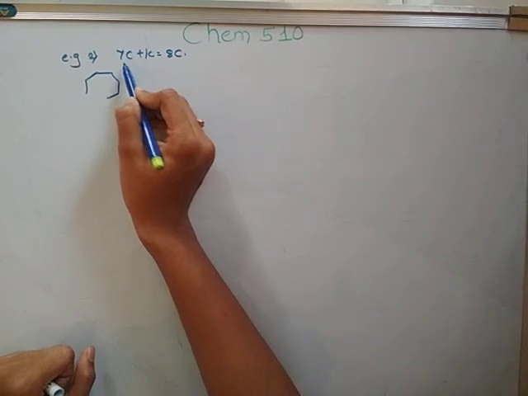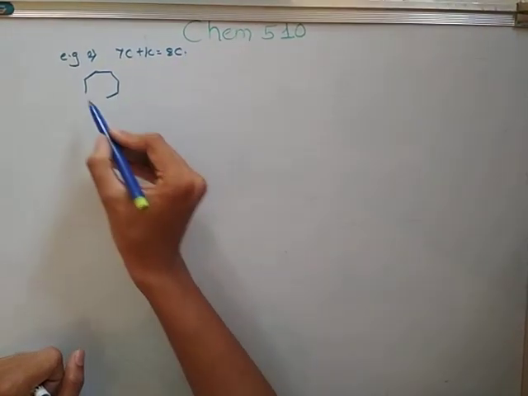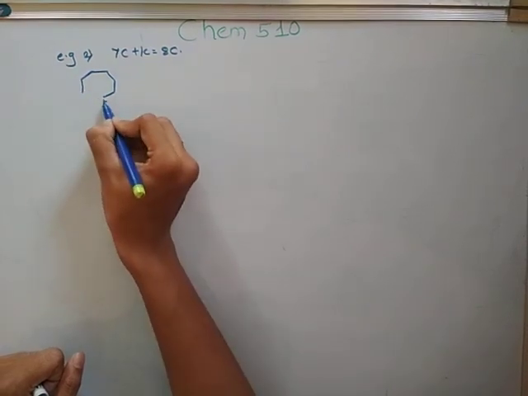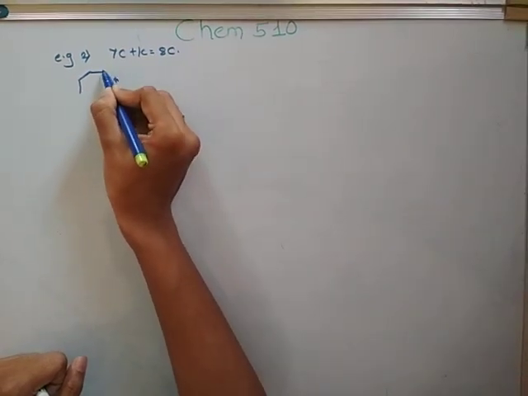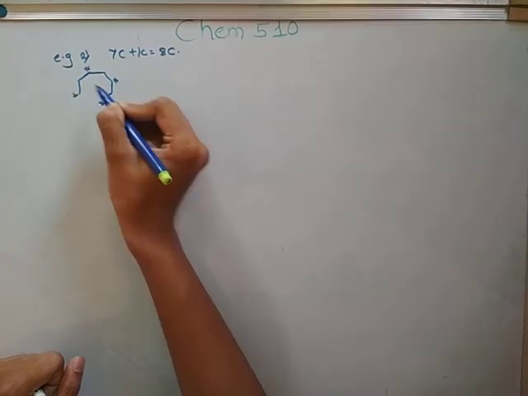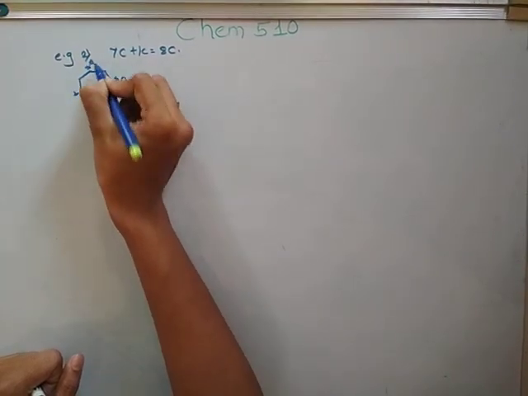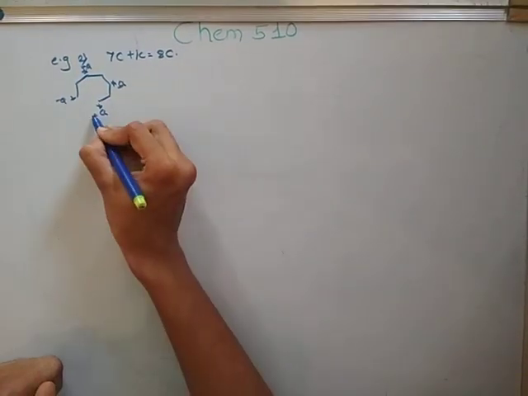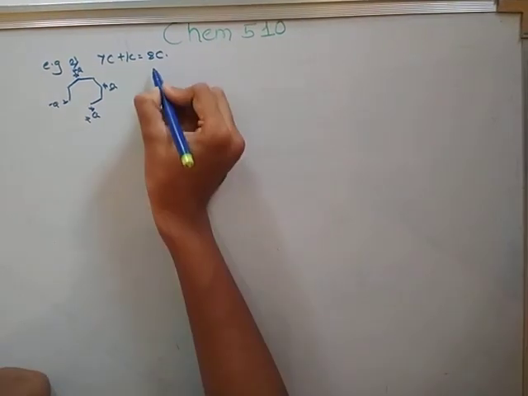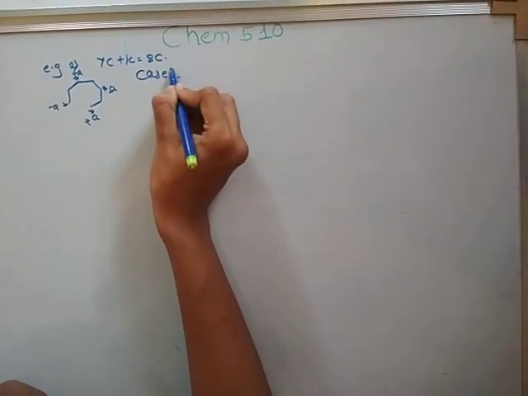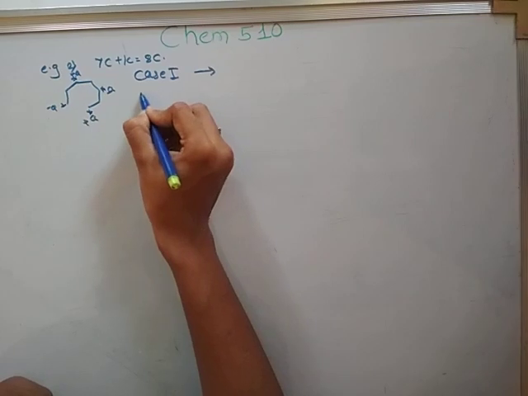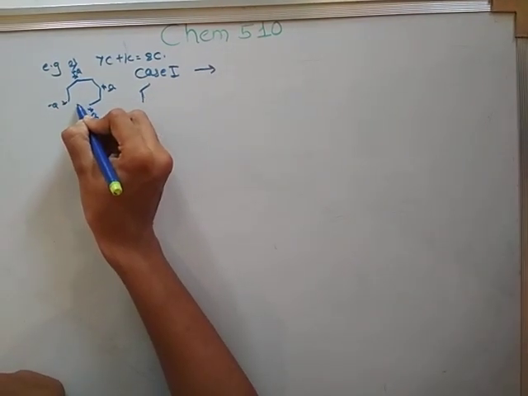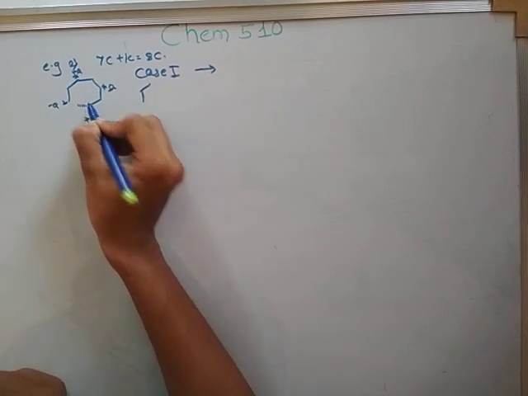Now here is the second example: 7C plus 1C is equal to 8C. Here 1 2 3 4 5 6 7C. Starred, non-starred, starred, non-starred, starred, non-starred, starred. A, plus, minus, plus, minus. Now in the first case, one bond is formed in this way.